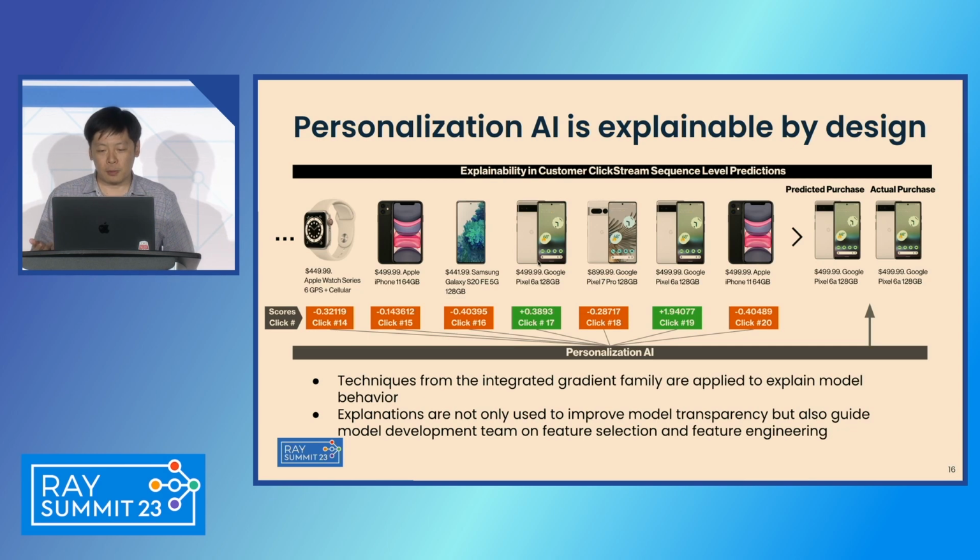That helps people understand why the model is recommending the Pixel 6a 128 gigabyte versus recommending the iPhone 11 64 gigabyte. So this is just one small example to illustrate how we are using some of the explainable AI capability developed in-house to explain the GREC architecture proposed by Lou's team.